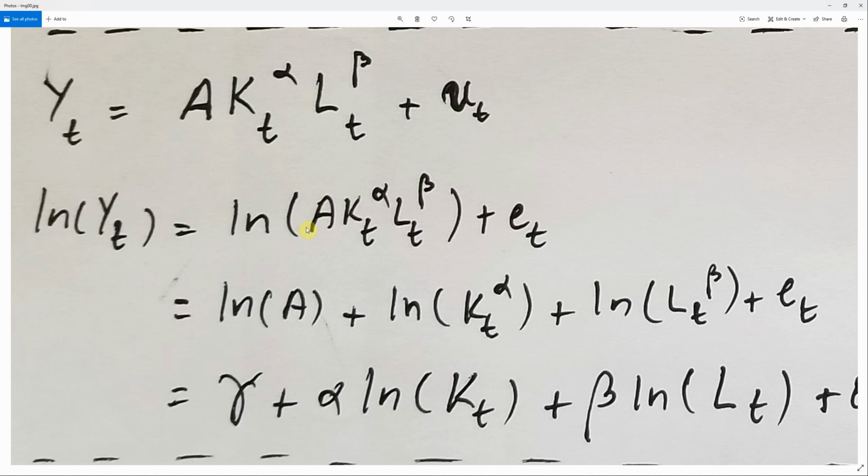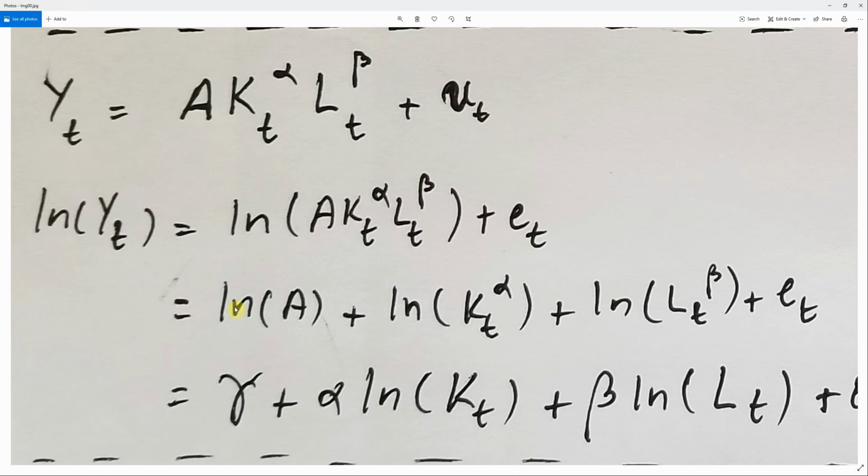So now we have ln of A multiplied by Kt to the power alpha, Lt to the power of beta. But we know that when we have the log of a product of a few terms, we can have them separated by showing the summation of the log of those terms separately. So then we have log of A plus log of Kt to the power of alpha, plus log of Lt to the power of beta, plus our error term.